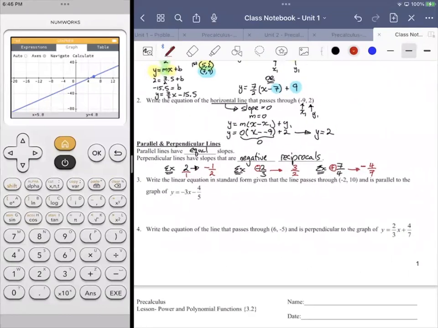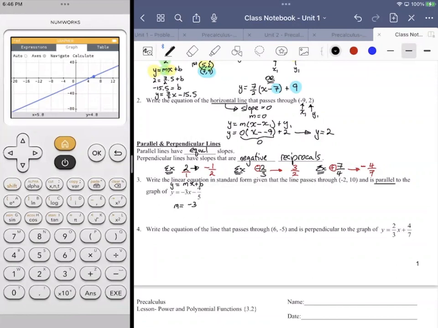All right. So for number 3, we're pulling information out of the equation of the line y equals negative 3x minus 4/5, this one over here, because I know I'm going to be parallel to that. So the slope of this line is going to be negative 3 because this is in the y equals mx plus b form.